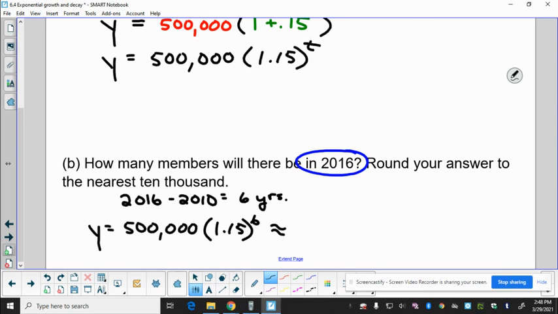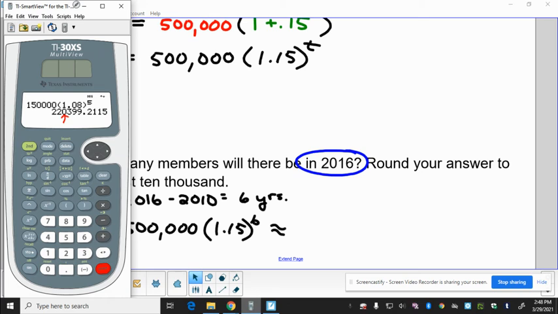We're going to round to the nearest 10,000, I guess, in this case, but that's fine if you don't round, to tell you the truth, but it is a good idea to learn how to round. So it's 500,000. Okay, make sure you type in these numbers correctly. 1.15 raised to the 6th power.